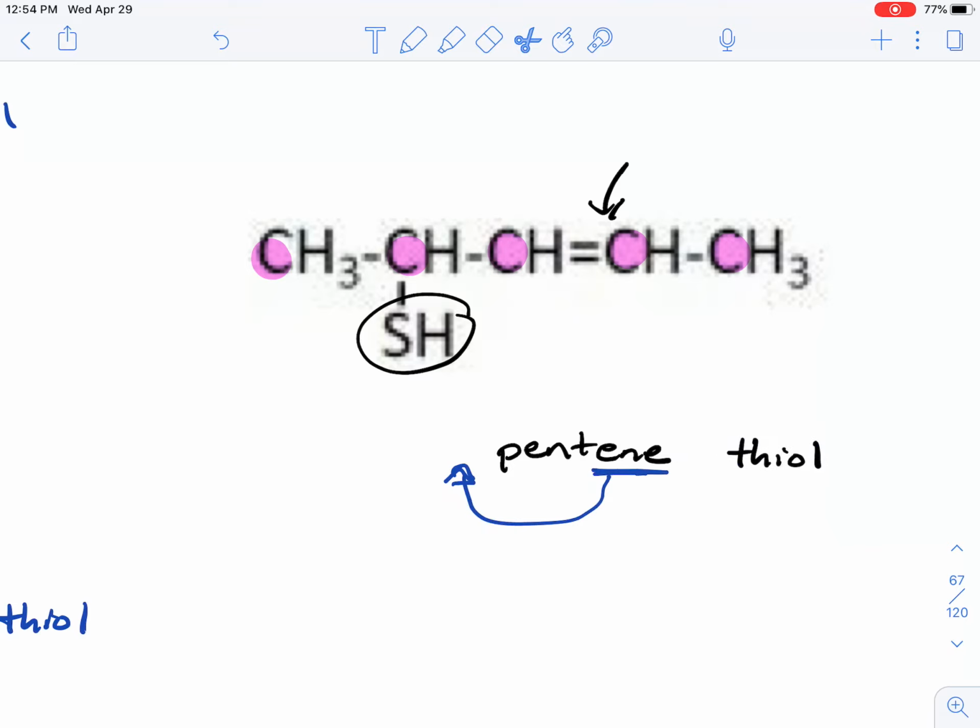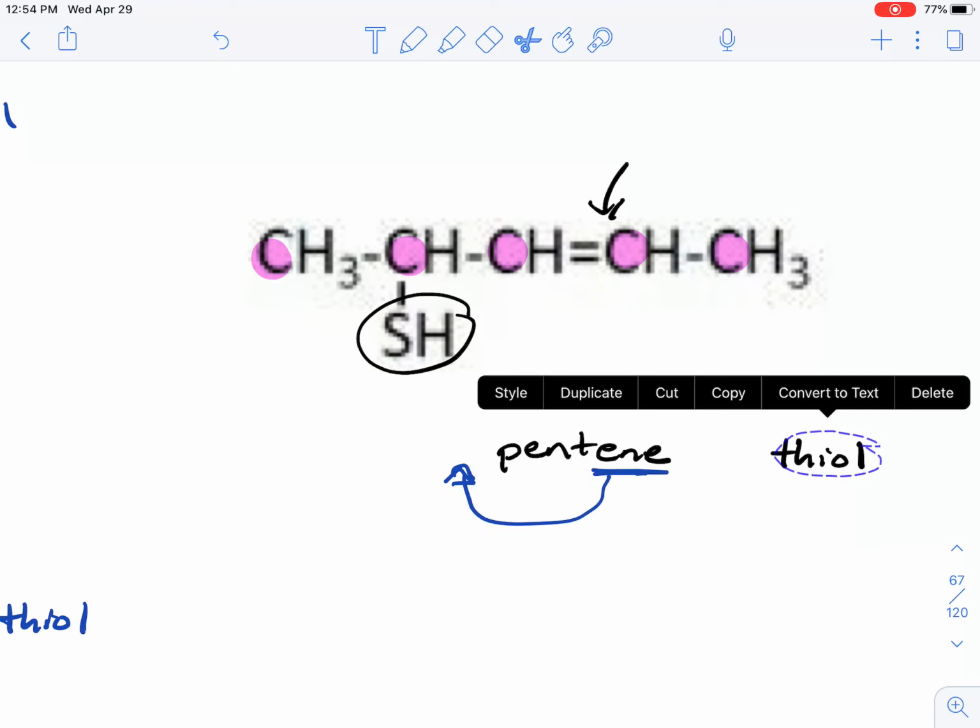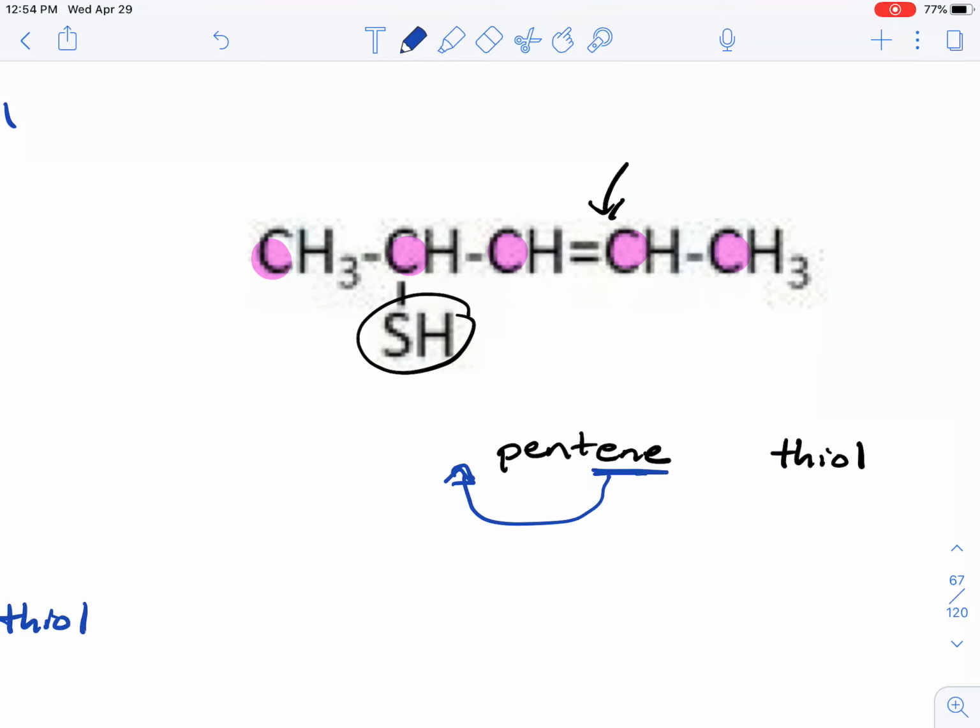And so to communicate to the reader or your audience the carbon number in which the sulfhydryl group is found, you're going to have to put a space between pentene and thiol. And then you're going to have to add the 2 dashes.